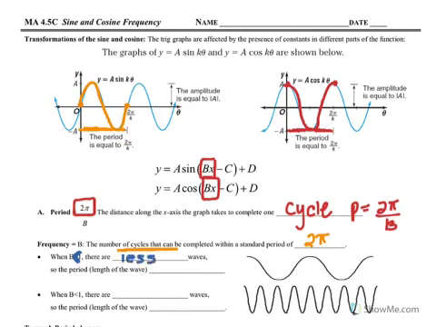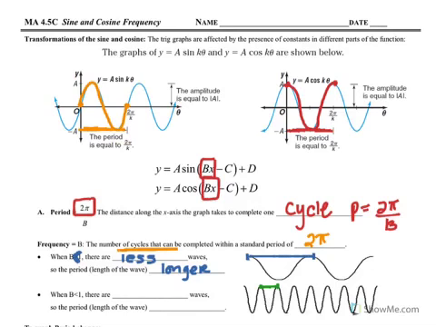And so the period or the length of the wave is going to be longer. You see how this wavelength right here is much, much longer than this wavelength right here.